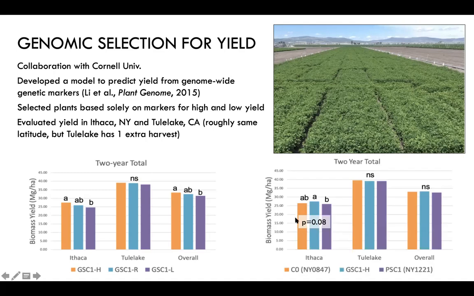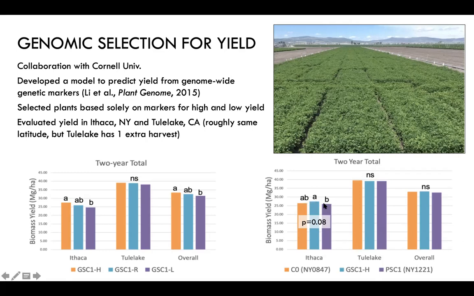Now, when you compare the original population with the selected population with markers, these first 2 bars, the orange versus light blue, you can see that there's no difference in yield, although there is a tendency toward higher yield, which is, I mean, at least it's looking a little positive. And compared to phenotypic selection, which took 4 years to do instead of 6 months, we can see we have a higher yield with genomic selection.